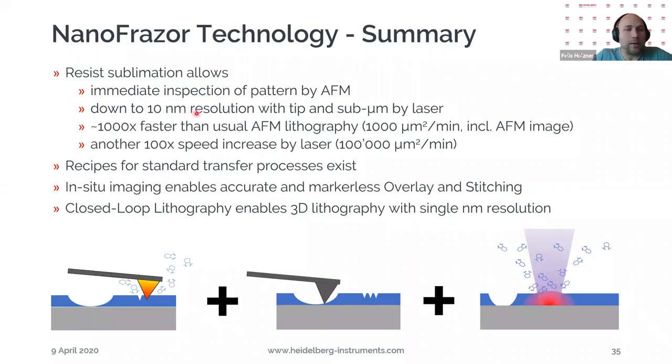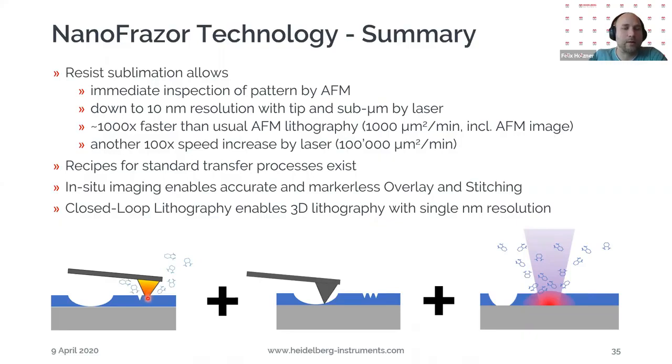You go down to 10 nanometer resolution with a tip, and with a laser to sub-micron resolution. And it's important to mention, it's not a high throughput technology, but we are around 1,000 times faster than usual AFM lithography, like anodic oxidation or dip-pen lithography, just because we are not limited by the interaction time.